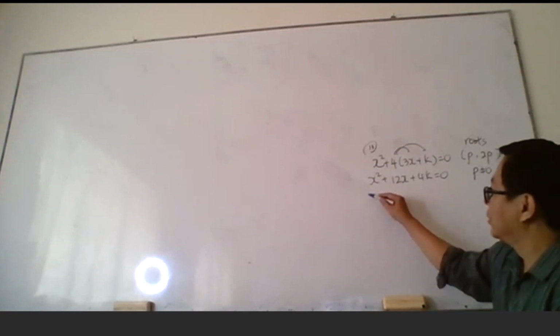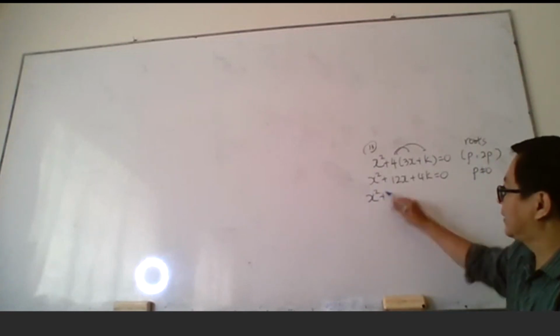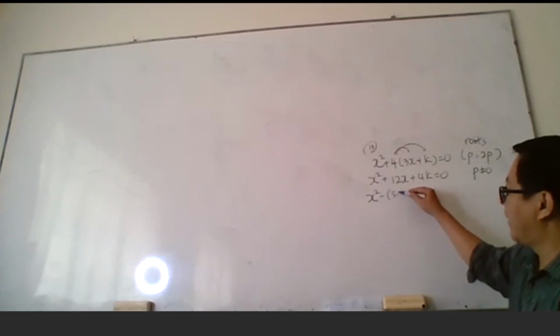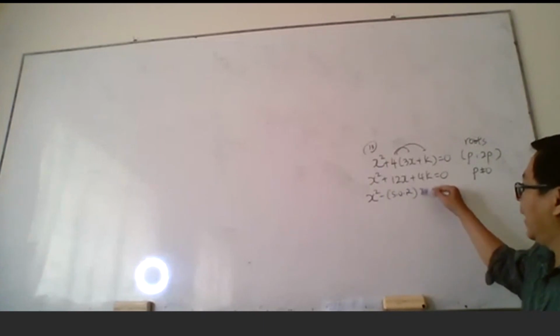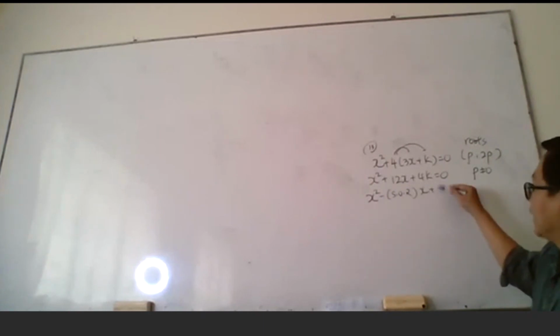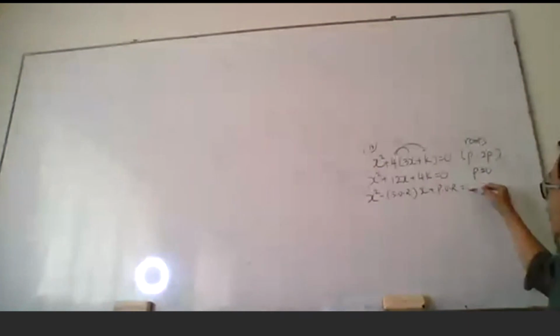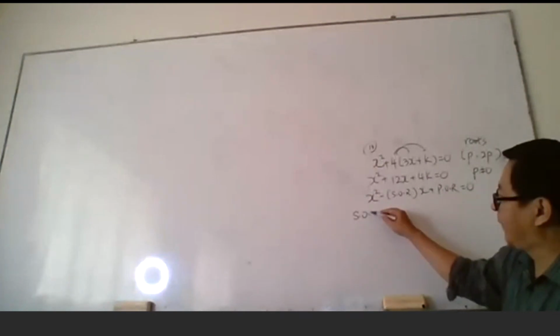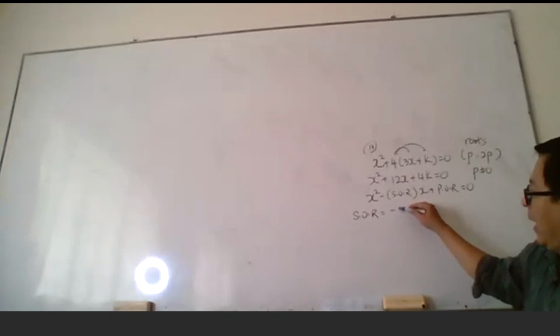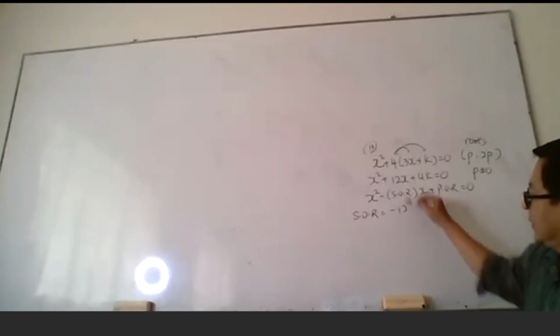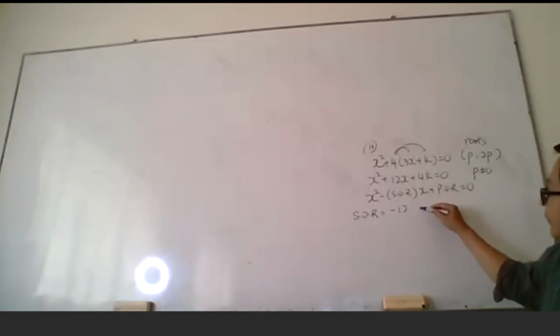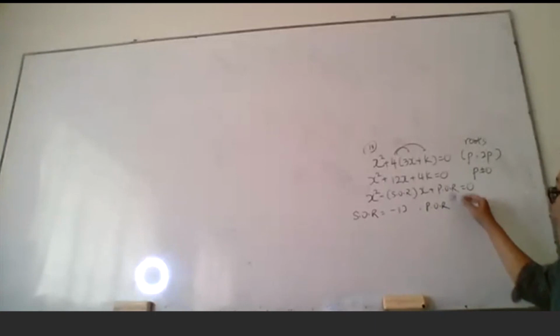So we know that x squared minus sum of the root x plus product of the root equal to 0. And the sum of the root actually is negative 12. The product of the root, you will come to 4k.